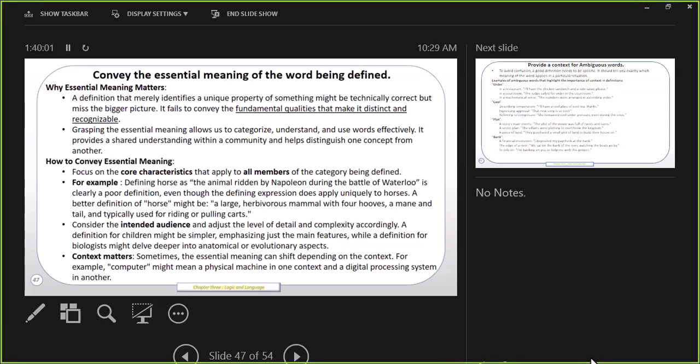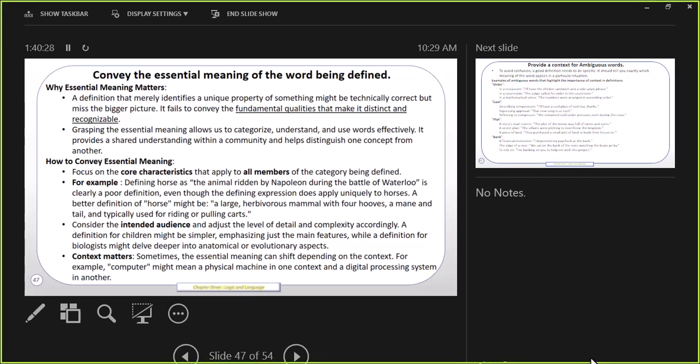A good lexical definition should convey the essential meaning of the word being defined. A good definition should clearly indicate the species term, the difference term, and the genus term. And we have said that definition by genus and difference is considered to be the most successful type of definition, but it has its own limitation, its own drawback, its own weakness.